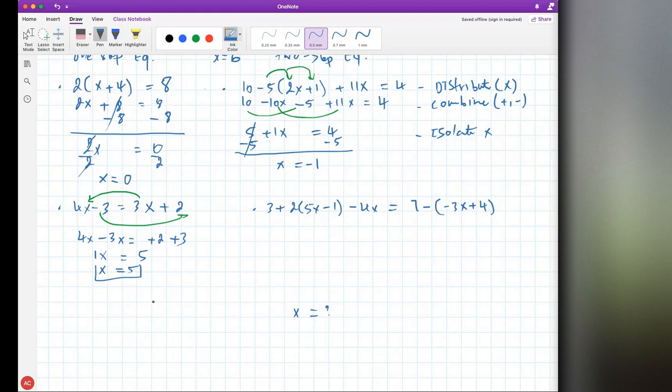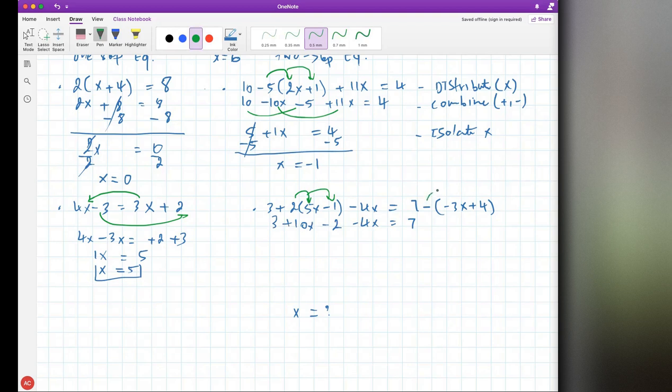So if you want to write the steps, we say distribute again, combine like terms. So it's going to be 3 plus 10x minus 2 minus 4x. And the same thing on this side: 7. What else? How do we distribute this part here? You multiply the sign.